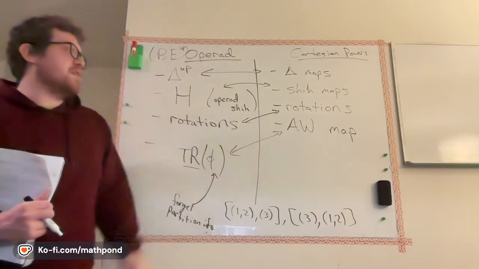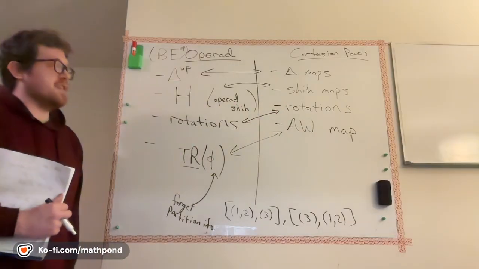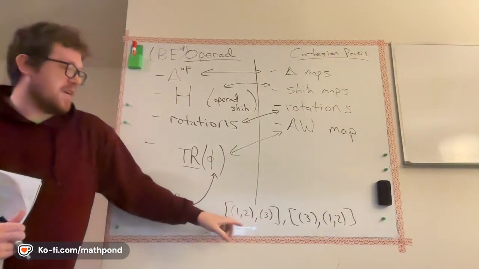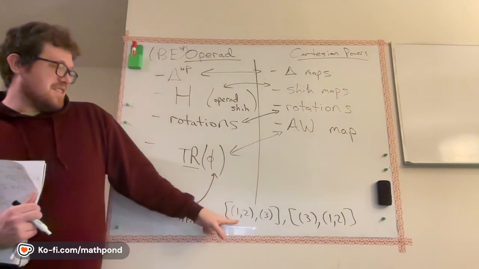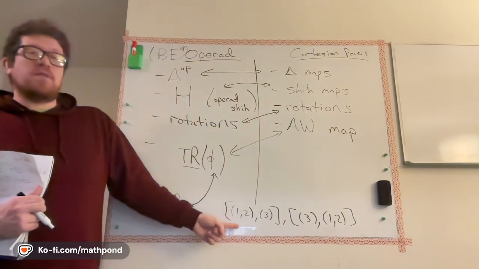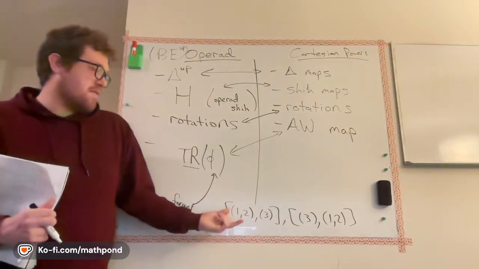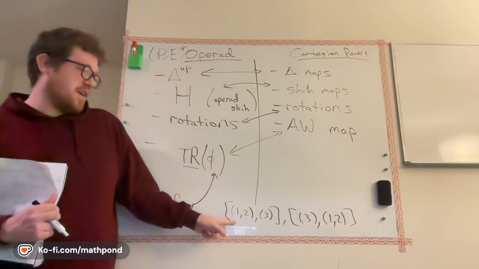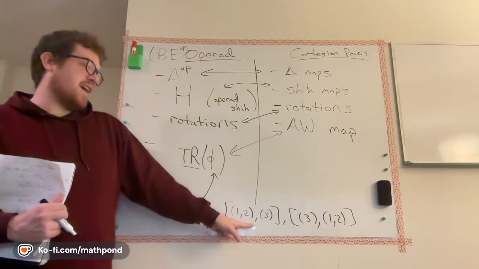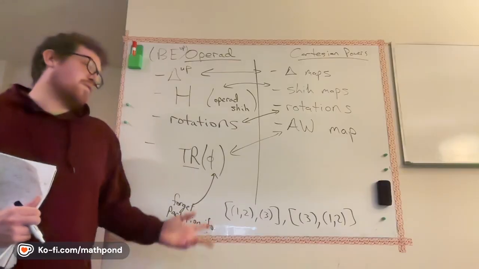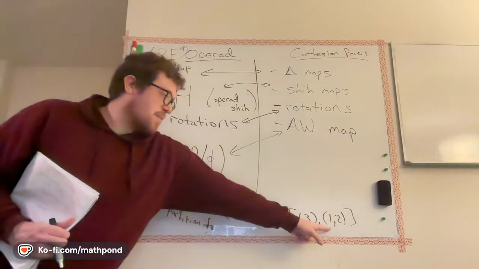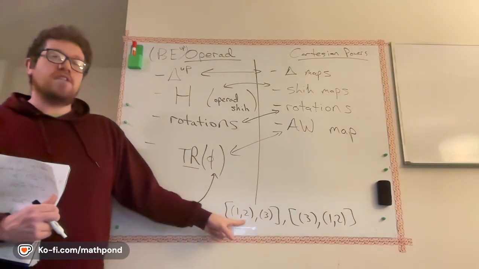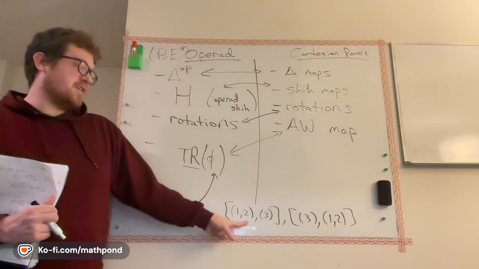Rotations, those are pretty straightforward. You just do the rotation like you would do. Here you have a bunch of elements, so you can rotate them. You can see how permutations would act on these. The only thing is that if a permutation acts on a partition and two things get permuted inside a partition, I need to keep them in the lowest to highest ordering. So for instance, (1 2) could act on this thing, but it wouldn't do anything because (1 2) just switches these, but these are in the same partition, so they don't actually switch.